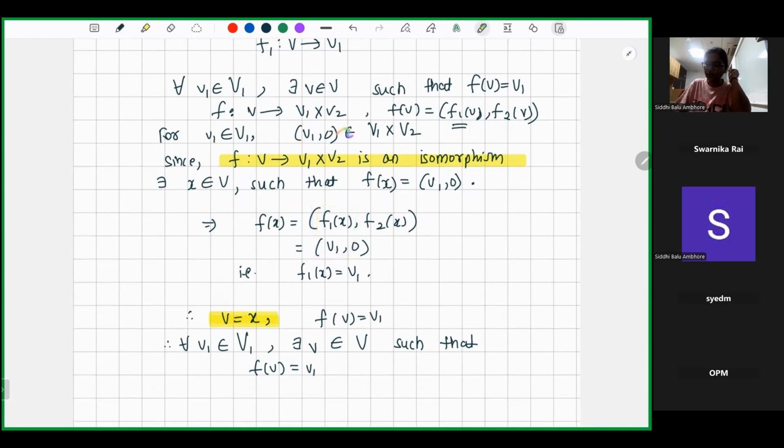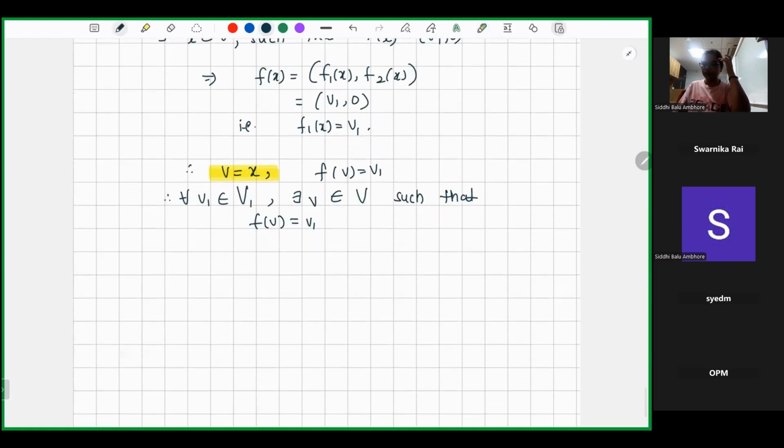Even if you take (v1, v2) here, for this too there will be some x such that F of x is (v1, v2). Again, I don't care what this v2 or F2 of x is. I only need to check whether F1 of x is v1 or not. You can definitely take any v2 here. It does not matter. I take 0 because it's easy and always there.